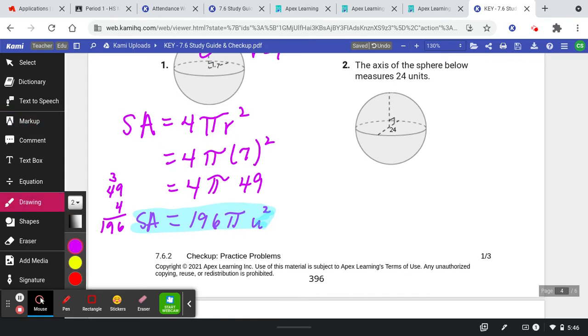Okay, the axis of the sphere below measures 24 units. That's the whole axis. So our radius is half the axis, or 12. And then again, they're asking for surface area.